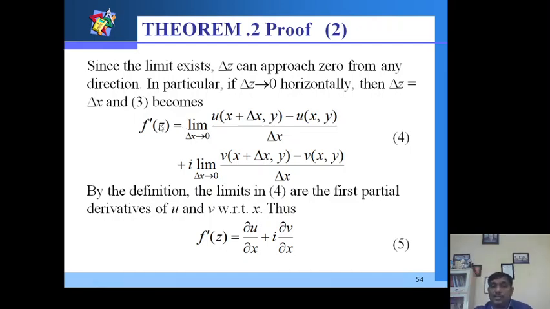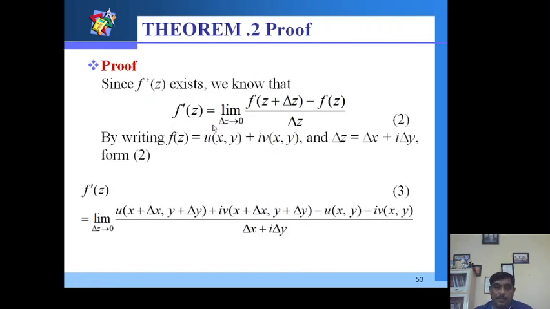If equation 3 becomes f dash z, here you can see that delta y is 0, here also delta y is 0.